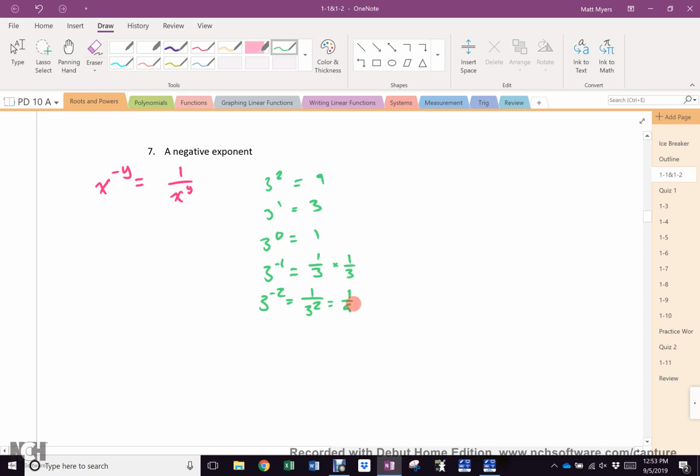Everybody is good there, yes? Now the shortcut that your teachers gave you is usually you bring the whole thing down here and you make it positive, right? Okay, then what is this? Mantosh. Okay, so what would it become?